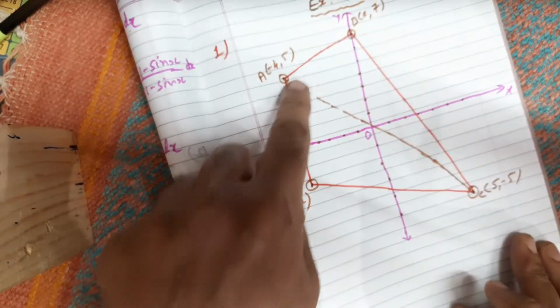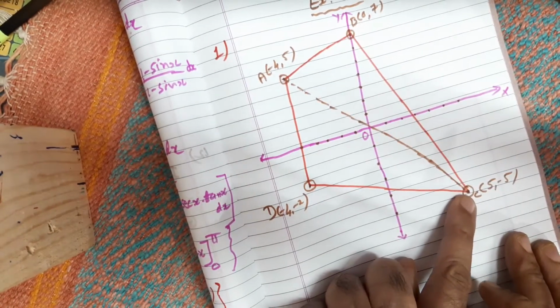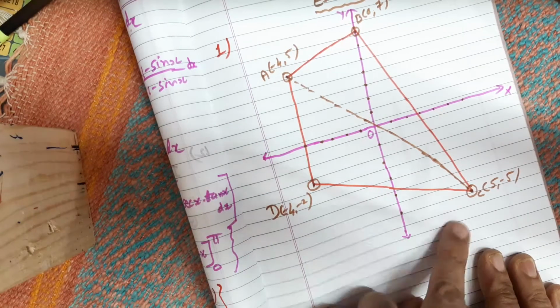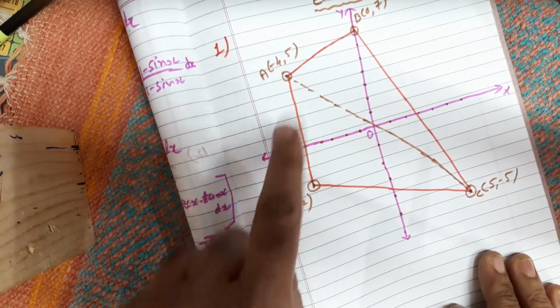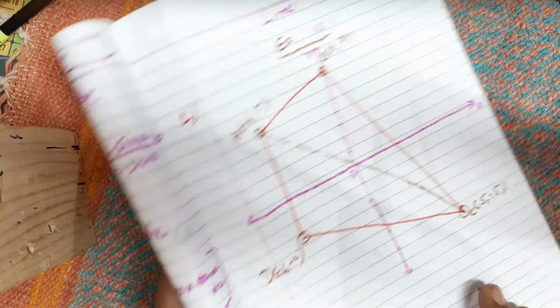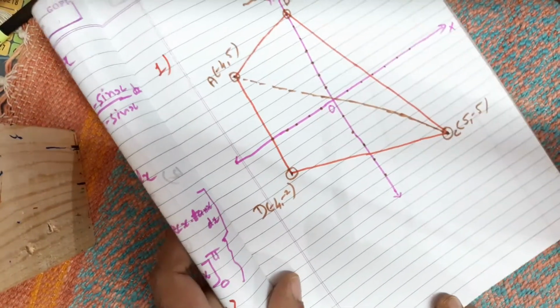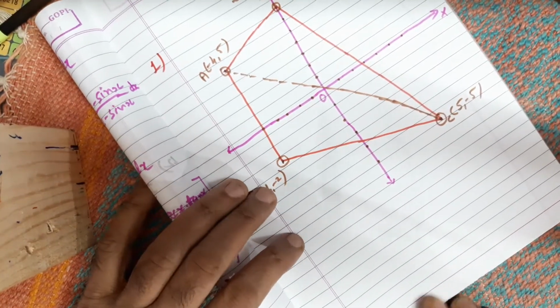So now see, once I take a diagonal, it is ABC one triangle and ACD another triangle, and the addition of these two triangles will be the area of the quadrilateral, isn't it? So the area of triangle formula is known to us.